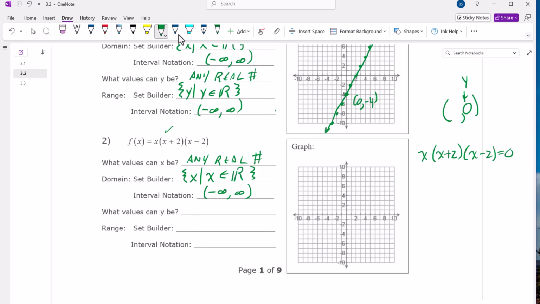This is already in factored form, so you have x equals 0, x plus 2 equals 0, x minus 2 equals 0. So x equals 0, and I'm going to put a dot there. I'll subtract 2 from both sides to get x equals -2, and put a dot there. I'll add 2 to get x equals 2. These are going to be the intercepts right there.